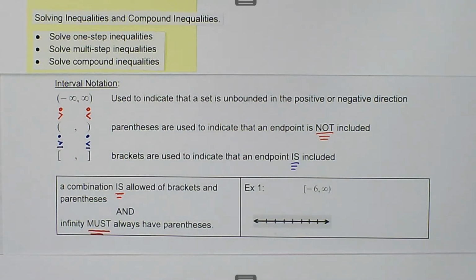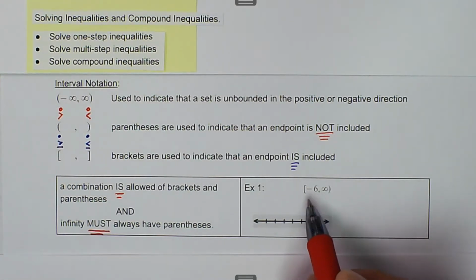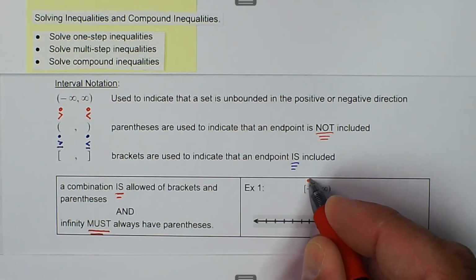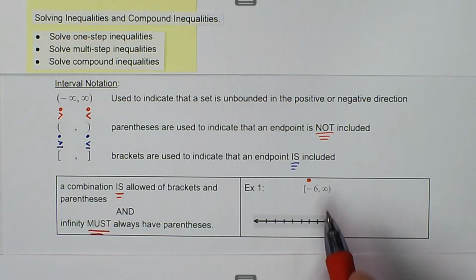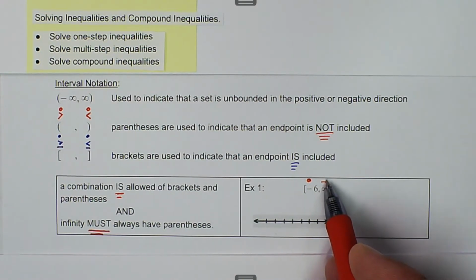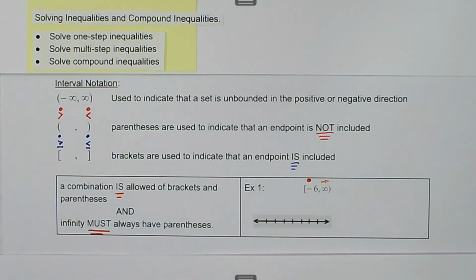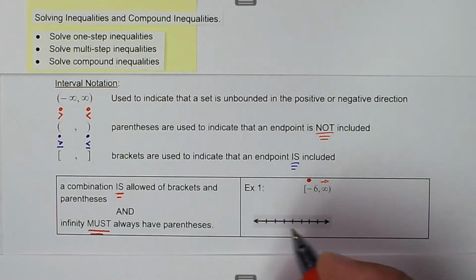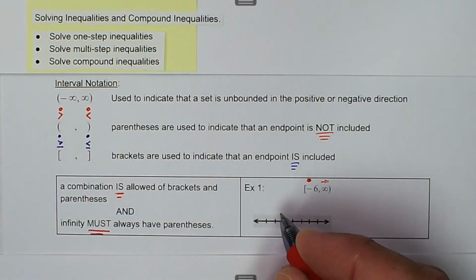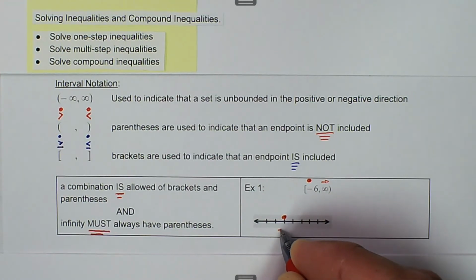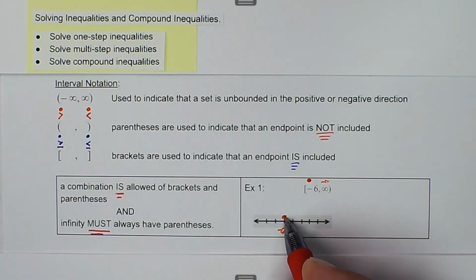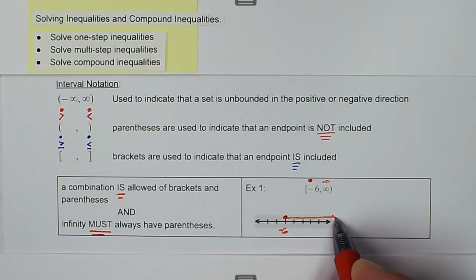So here is an example. Example 1: we have a bracket at -6. What that's going to mean is that point is included. And then at infinity, we'll never get there. So basically, we're just going to have an arrow that keeps going in that direction. When we go to draw that, we'll just put a closed dot at -6, and that is going to keep going in that direction.